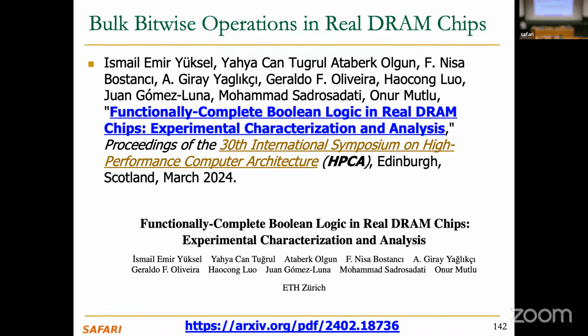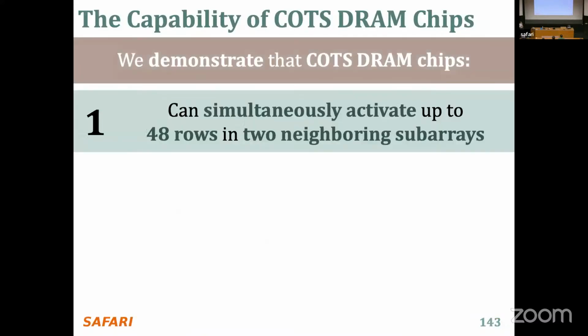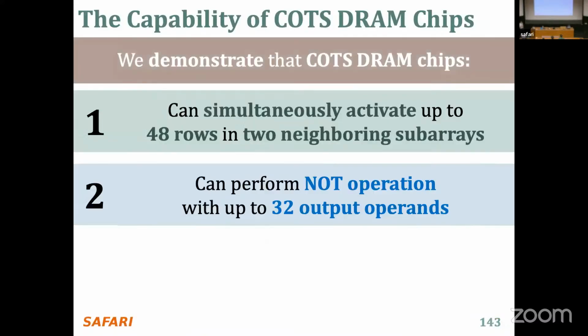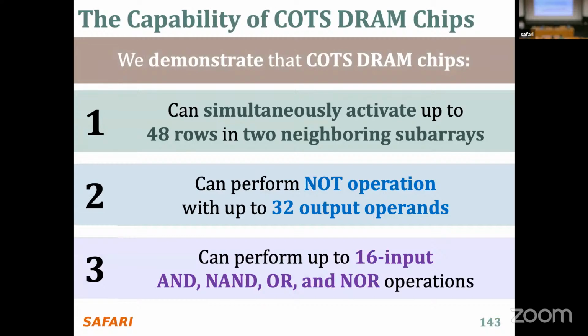So all of what I mentioned before, not all of this, but we are doing studies in commodity off-the-shelf DRAM chips, and we are observing that actually we can do several of those operations on unmodified real DRAM chips that are out there in the market. In this study that we did at HPCA, and that Ismail did actually, we see that by violating DRAM timing parameters of commodity off-the-shelf DRAM chips, we can activate multiple DRAM rows in neighboring DRAM subarrays.